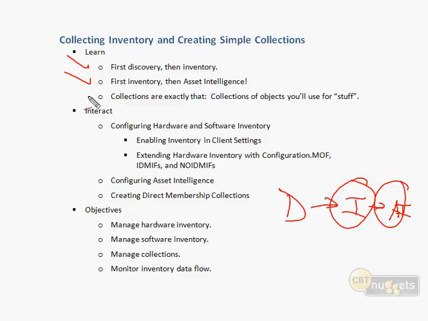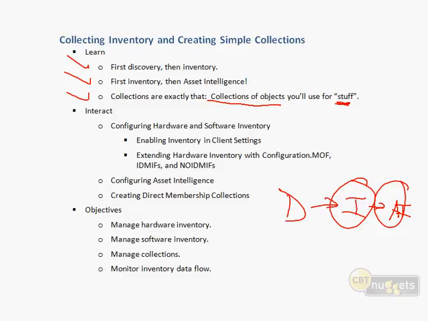Now, why we're collecting inventory is not only because we want to have the inventory, but also because we want to use it to create collections of objects that we're going to use for doing things. The hardware inventory is nice, and you will use it for viewing what's called Resource Explorer inside of Config Manager.